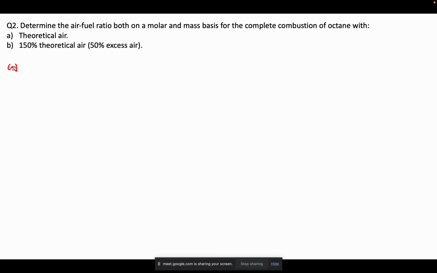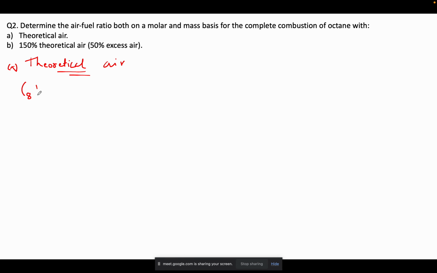So let us first calculate for theoretical air. So what is the initial step? That we have to write down the combustion equation.